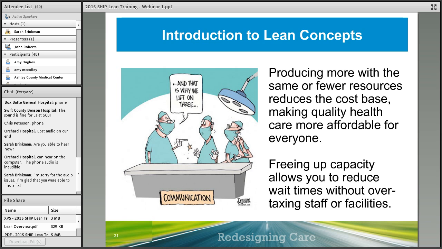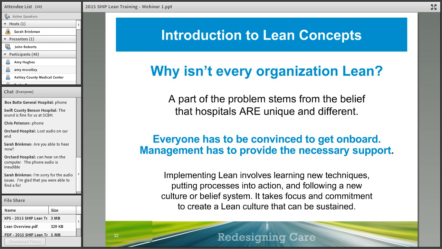And my pushback is always, yes, but you may be busy, but I can probably show you that 30 to 40% of what you're spending your time on is not adding value to your patients and their outcomes. And so while you're busy, many of those things are non-value added. And so if we can eliminate those things, we can free up those times and put your effort and focus on the things that really matter, that really provide value to our patients and the health outcomes we're trying to get.